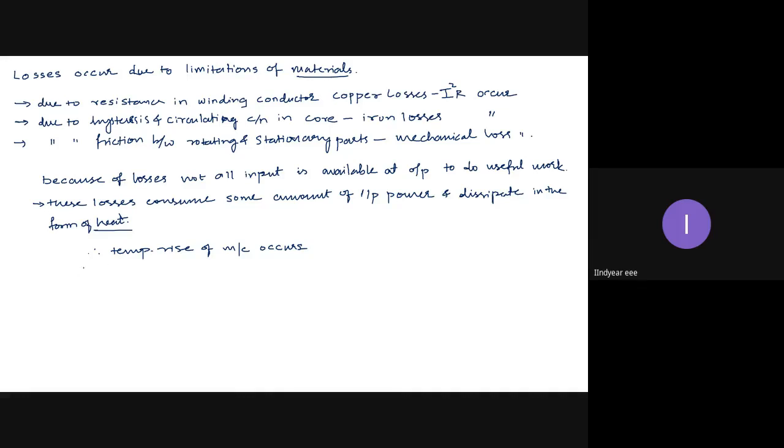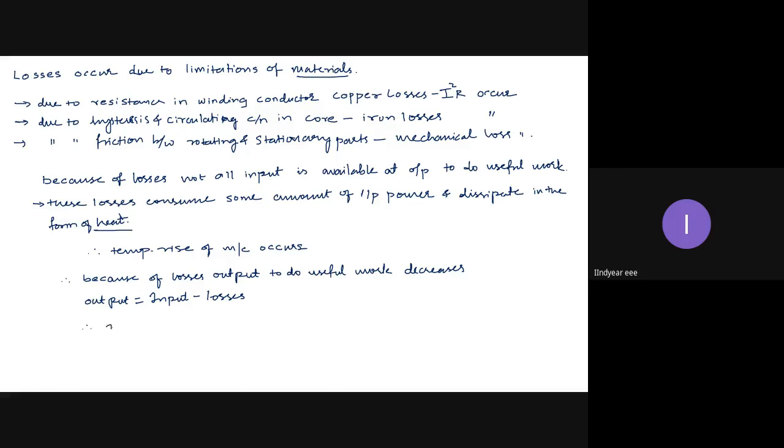Therefore, because of losses, the output to do useful work decreases. Output is equal to input minus losses.